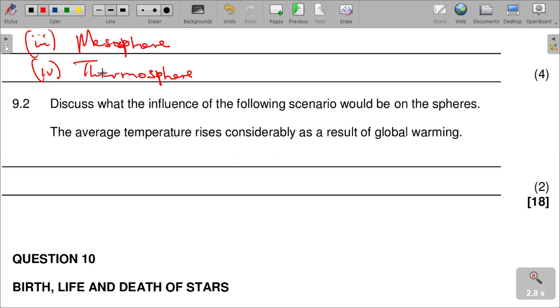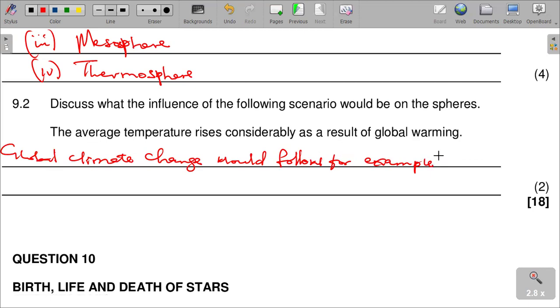So basically we are saying, one, global climate change will take place. For example, melting of snow.